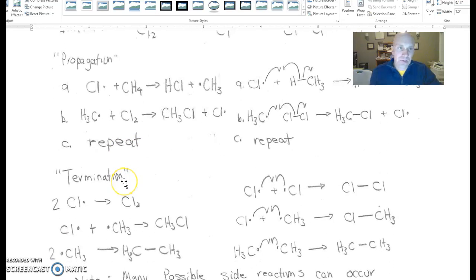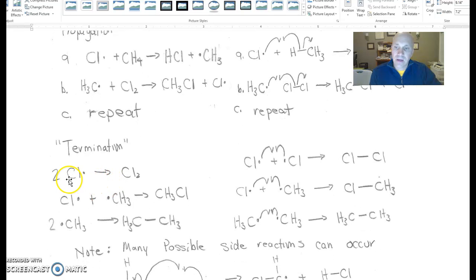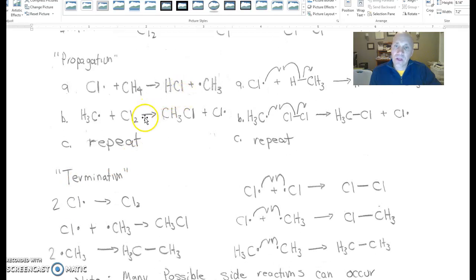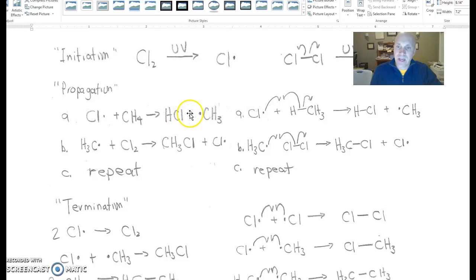The thing that's going to cause this reaction to stop is what's called the termination step. Whenever you have a termination step, it's always going to be the same thing: two radicals are just going to pair up with each other and become a neutral molecule. There are three types of termination reactions you could have. In these steps, what type of radicals did we have? We had a chlorine radical and a methyl radical.